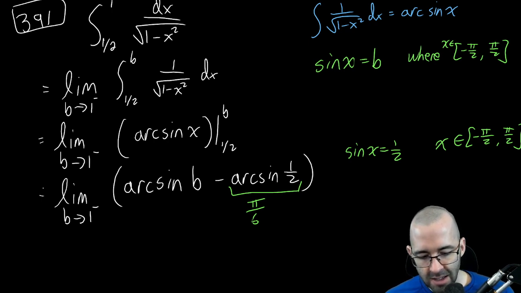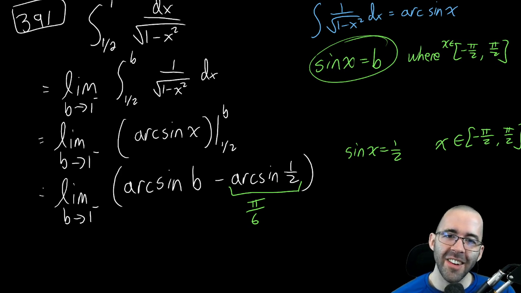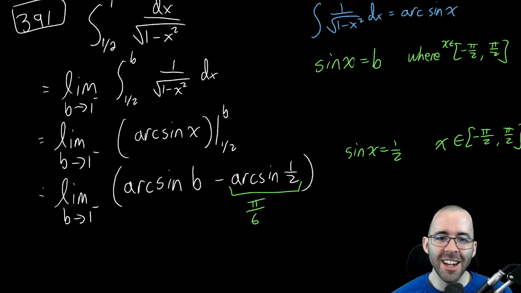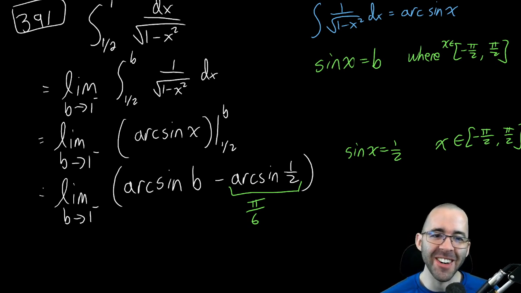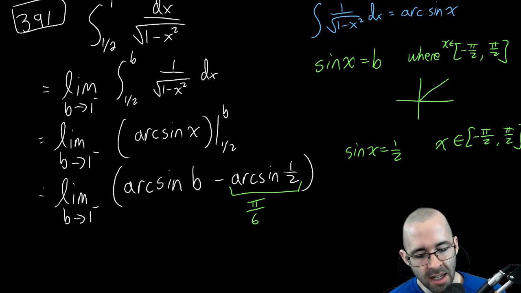Okay, and as b is going to 1 from the left, what is this going to be? All right. So I think there's a quick way of doing it, but I'm not going to do it the quick way because they said be careful. All right. So sine of x equaling b means that x, and again, b is going to 1.